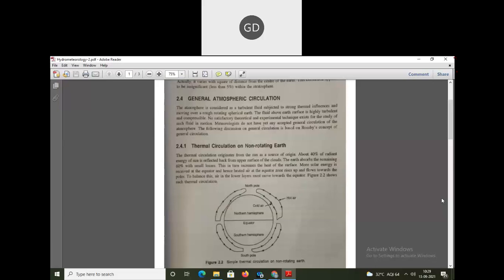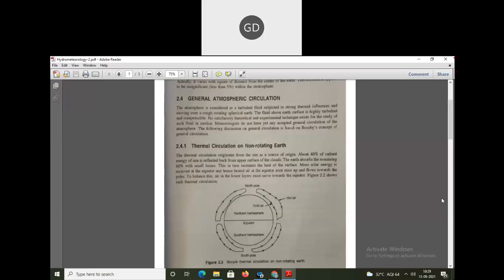And one person who is known as Rossby has given one concept of general atmospheric circulation. He gave the study of thermal circulation on a non-rotating earth.